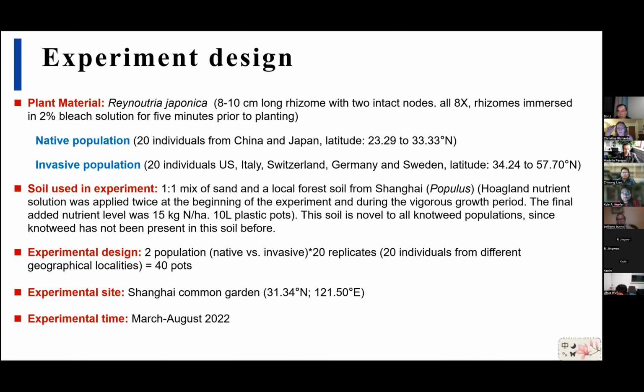So the populations introduced to China seem to me still new populations. So if there is a weak correlation between microbial community and the plant traits, that's reasonable because there is no co-evolutionary history.